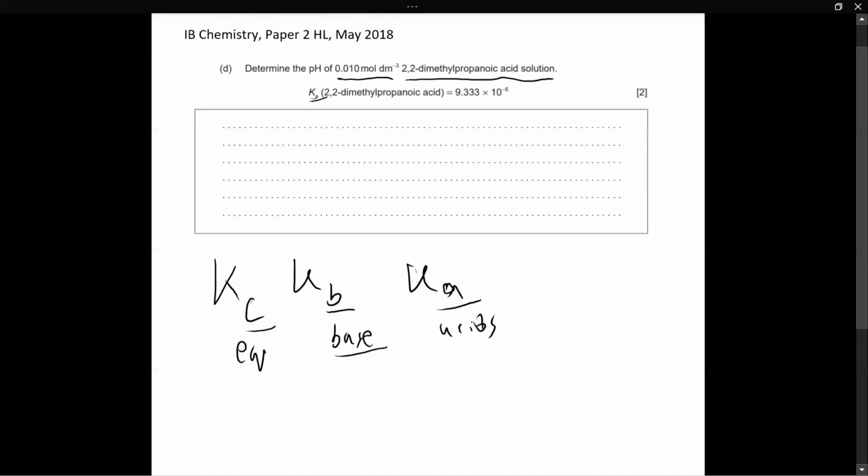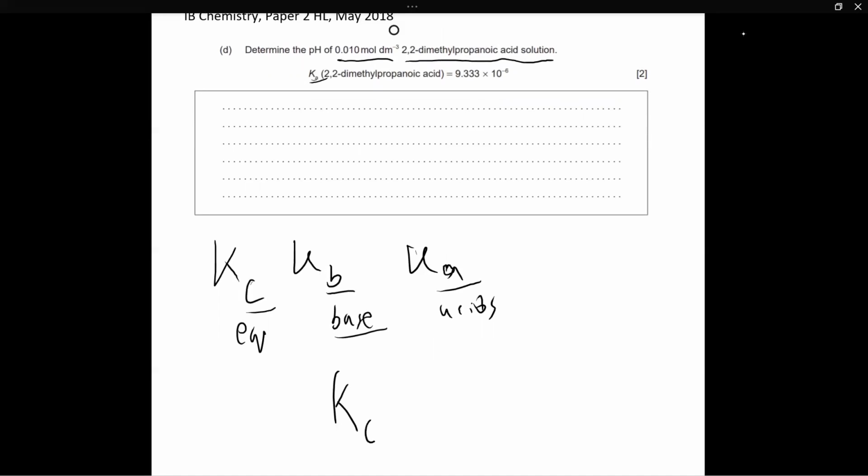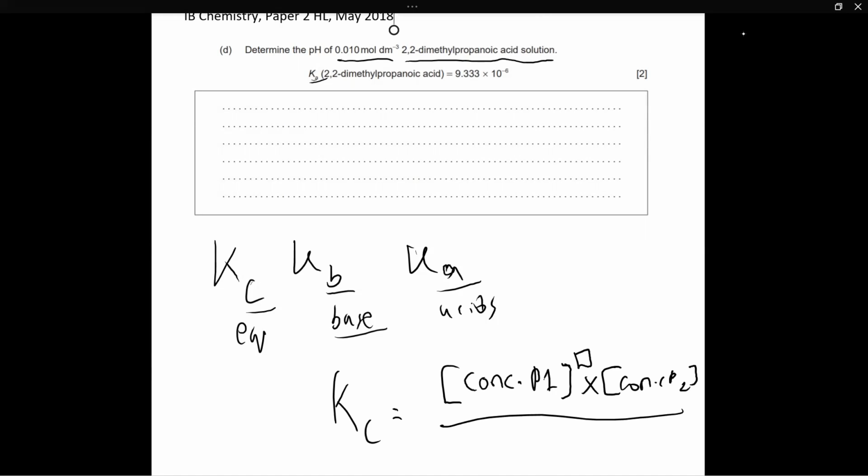So, for example, if you're familiar with Kc, you know that the formula for Kc is the concentration, I'm going to abbreviate it as conc., of product 1, raised to the power of its molar ratio, times the concentration of product 2 if there is a product 2, divided by the concentration of reactant 1, and they're all raised to the power of their respective molar ratios, times the concentration of reactant 2 if there is a reactant 2.